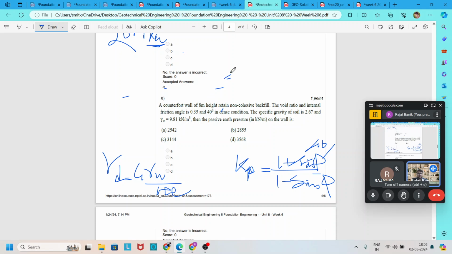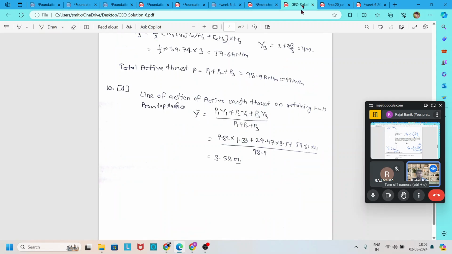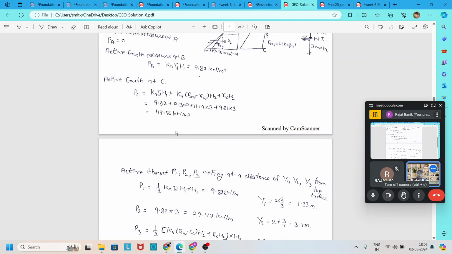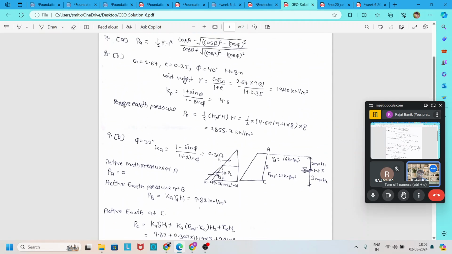Then the passive thrust is equal to half into gamma d into h square, where h is 8 meter, into Kp. Put all these values and get the result. Here the answer is 40.